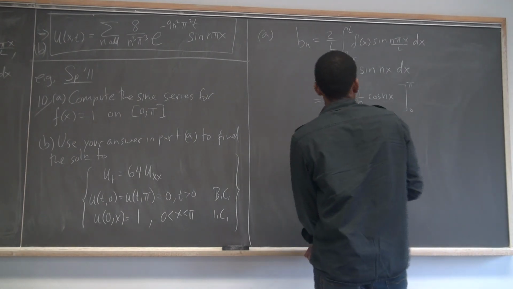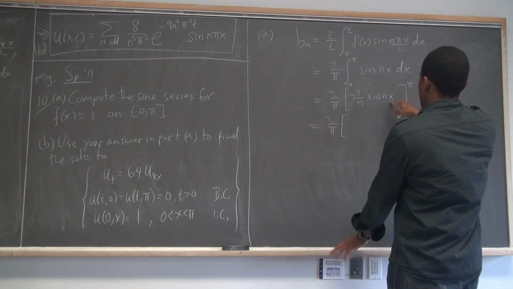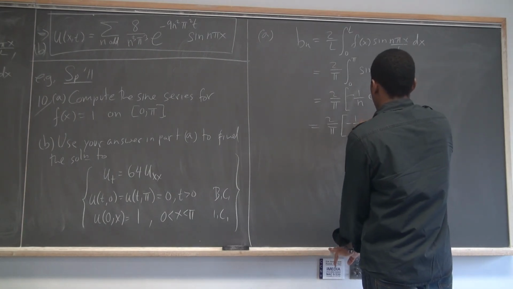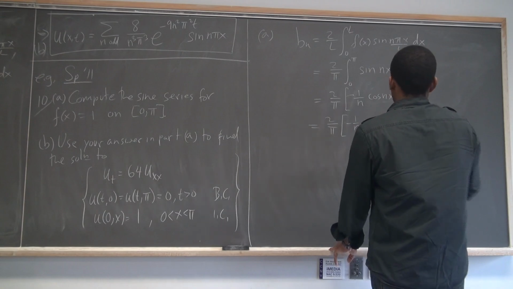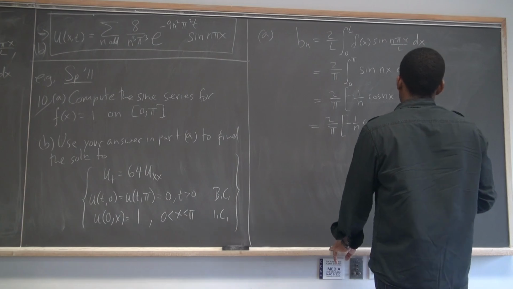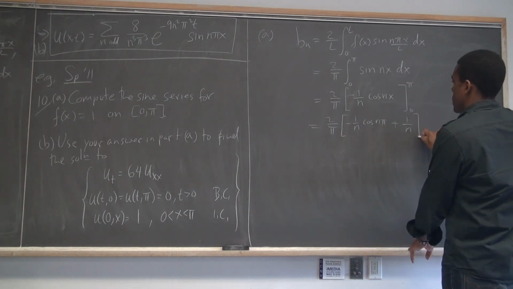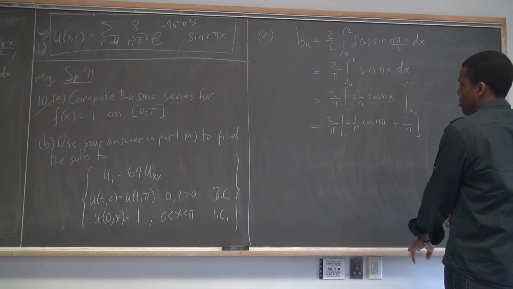So we have 2 over pi of, plugging in pi, minus 1 over n cosine n pi, plus, if I plug in 0, I get 1 over n, because cosine of 0 is 1. Now what does cosine n pi look like?